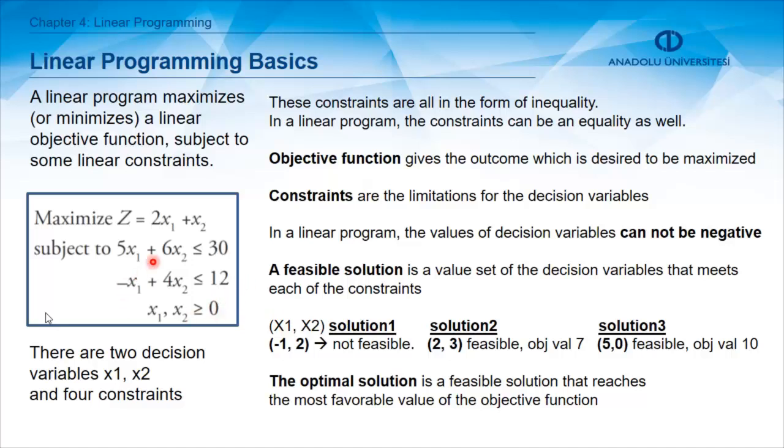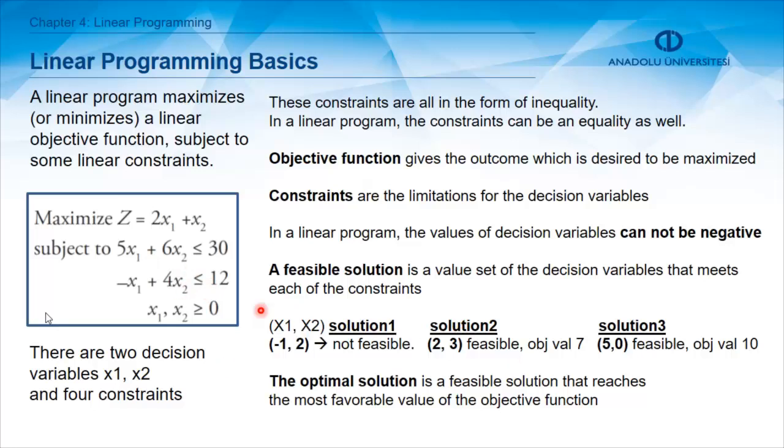These constraints are not met, especially we're talking about the non-negativity. Here we have a solution 2, and it's 2 for x1 and 3 for x2. Let's check this solution if it's feasible or not.